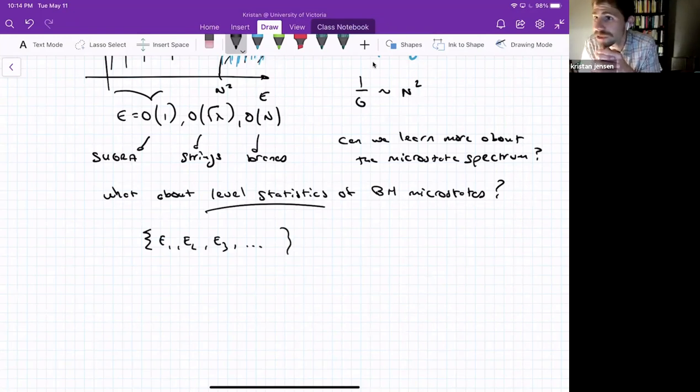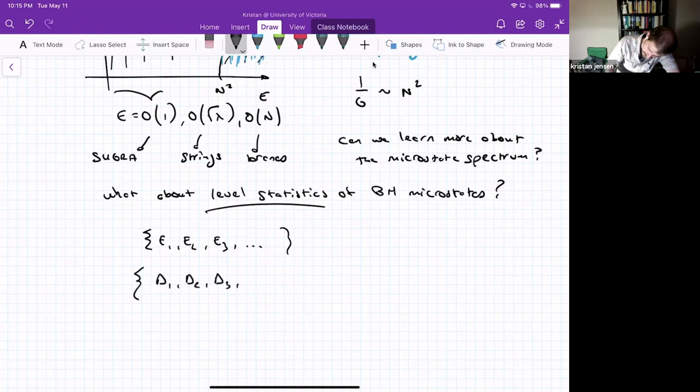And those energies, if you order them, first state, next state, and so on, and then consider the energy differences, and then you order the set of energy differences, call that delta 1, delta 2, delta 3, from smallest to biggest. Those are the level spacings between energy eigenstates.